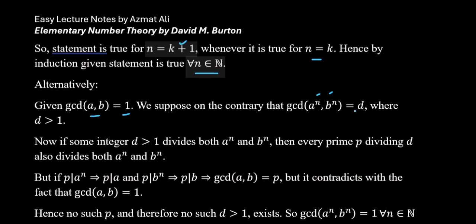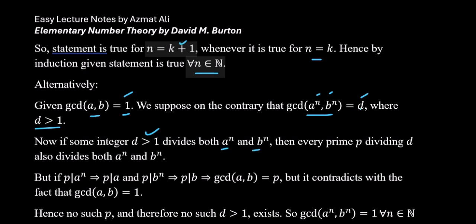But we suppose on the contrary that the GCD of these two numbers is equal to some positive integer D. As D is a positive integer, I am taking here D greater than 1. On the contrary, at the end I will show that D cannot be greater than 1. And if we take D greater than 1, then GCD of A and B is not equal to 1. Now, if some integer D greater than 1 divides both A raised to power n and B raised to power n.